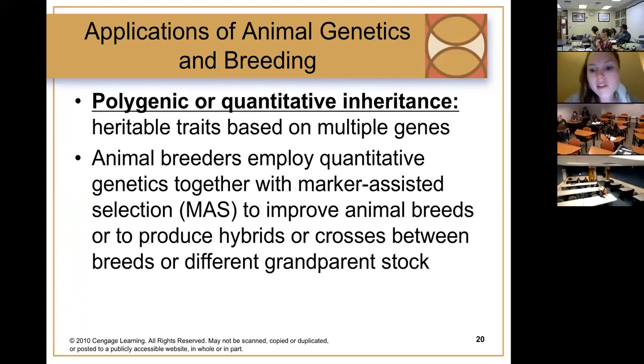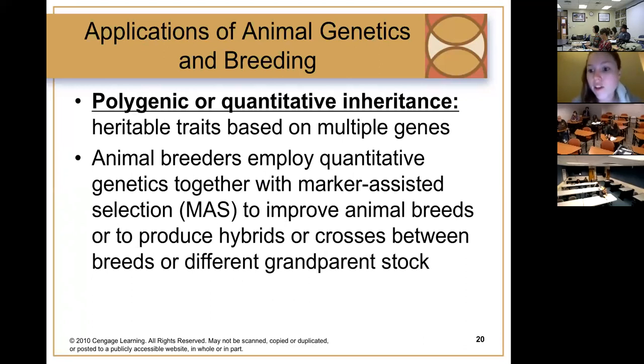Animal breeders employ quantitative genetics together with what's called marker-assisted selection, or MAS, to improve breeding or to produce hybrids or crosses between different breeds or different grandparent stock. If they have the genome of an animal, they can look at the different genes those animals have and then decide which ones you want to breed to each other to get a specific outcome.